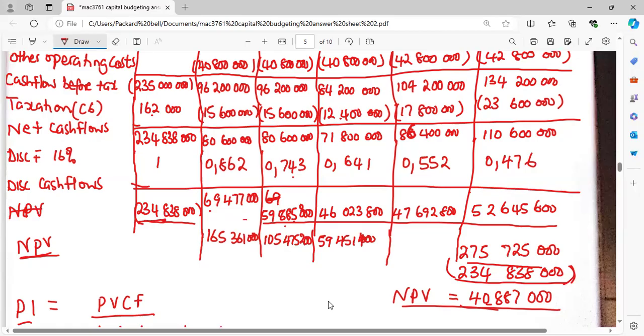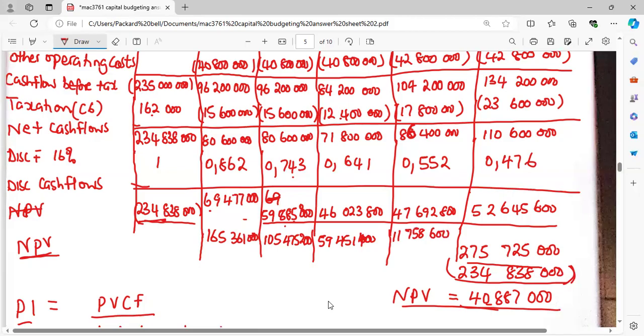So this is year 1, year 2, year 3. So let's go to year 4 and subtract 47 from 59. That leaves 11,758,600.